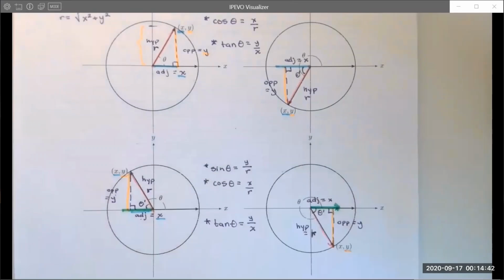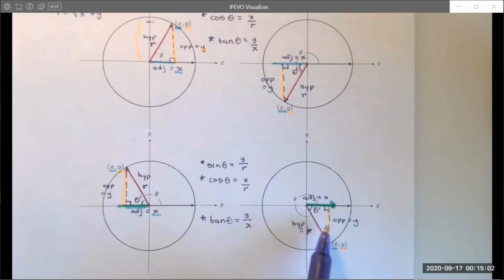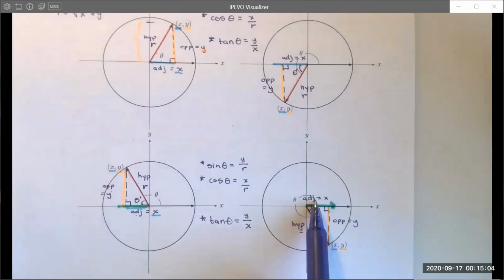So with those definitions in mind, we still get sine of angle theta will be opposite, which is y, over hypotenuse, which is r. Cosine will be adjacent, which is x, over hypotenuse, which is r. And tangent is opposite, which is y, over adjacent, which is x.